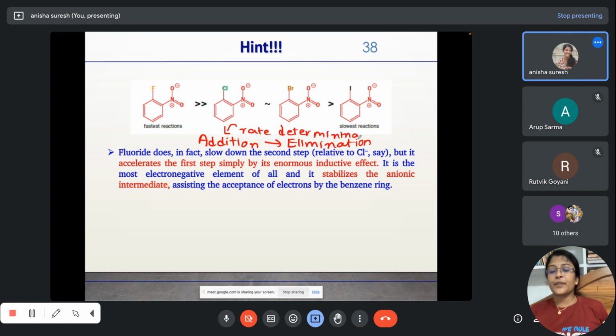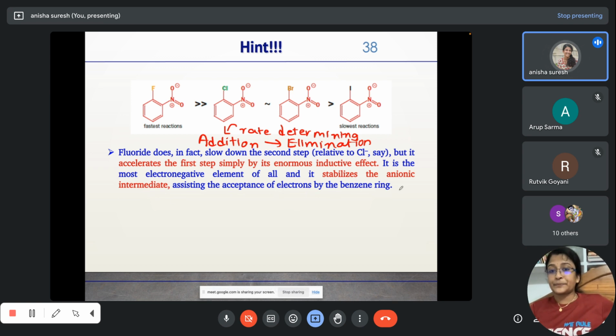In case of the elimination step, fluorine can slow down the reaction compared to that of chlorine. But it accelerates the first step simply by its enormous inductive effect, because fluorine is highly electron withdrawing in nature. By this enormous inductive effect, it stabilizes the anionic intermediate that is forming by acceptance of the electrons from the benzene ring.